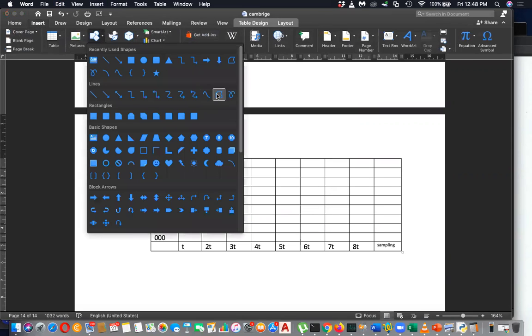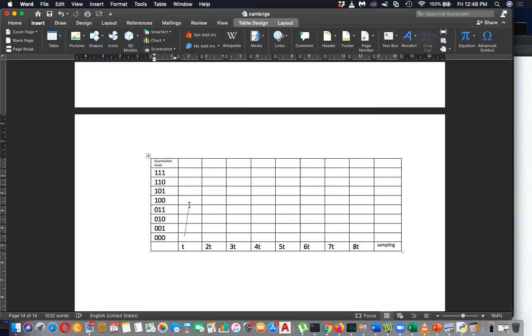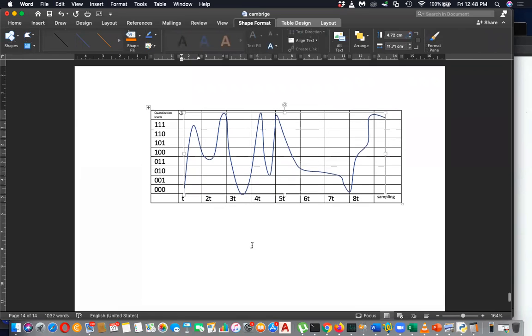It's going up, going down, going up, going up, going down. Assume this is my sound.